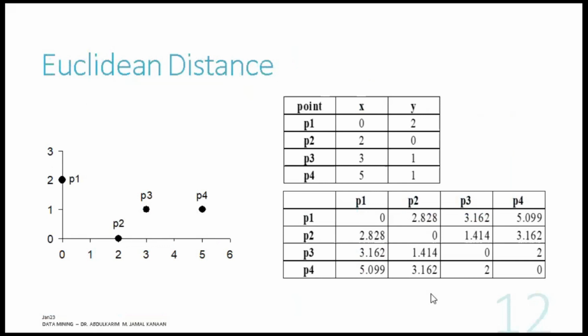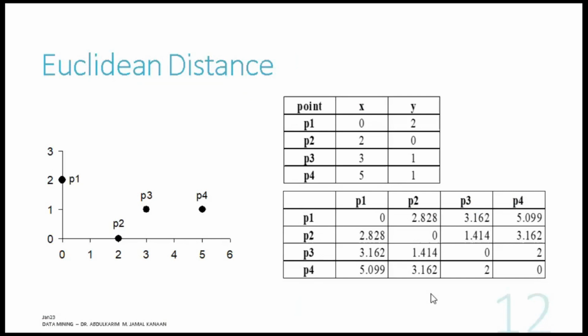So here is an example. Let's say I have a list of data points, or objects, or students, with feature X and feature Y, and I would like to calculate the distance between these data points using Euclidean. The distance between a point and itself must of course be 0.